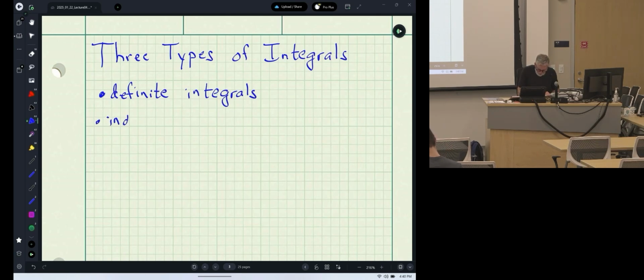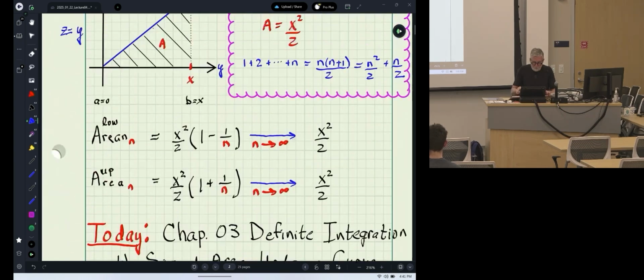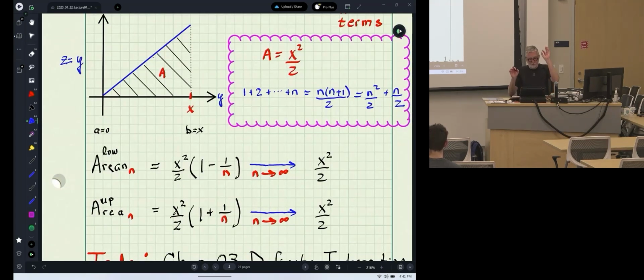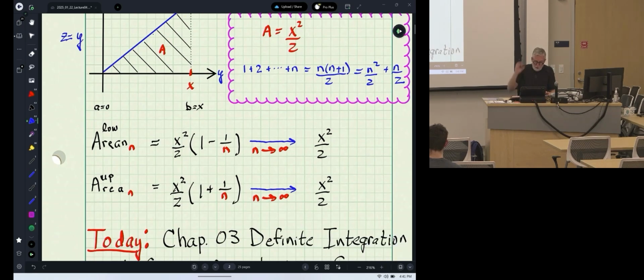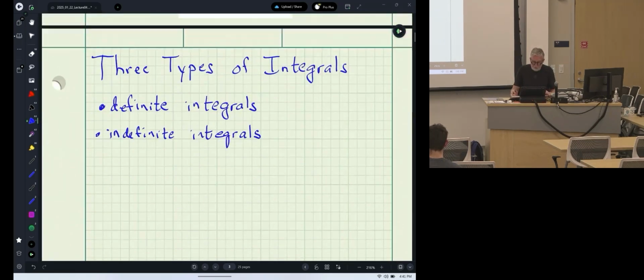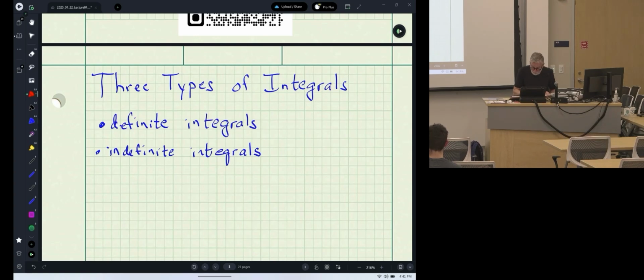Then there are indefinite integrals, which mean things like this: you integrate from a fixed number to a variable. As soon as you plug in a number for that variable, it collapses to a definite integral, but it has a special name. These are covered in this chapter.